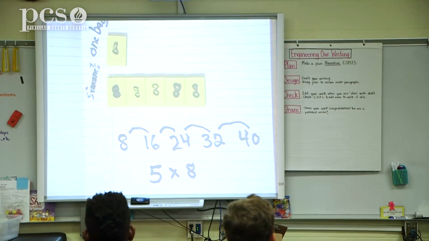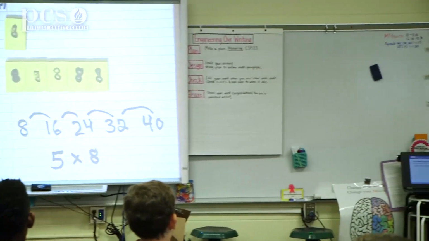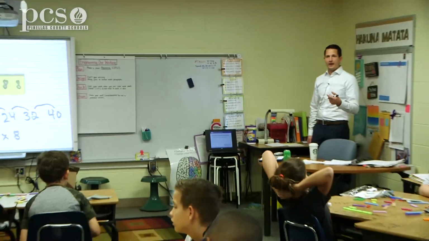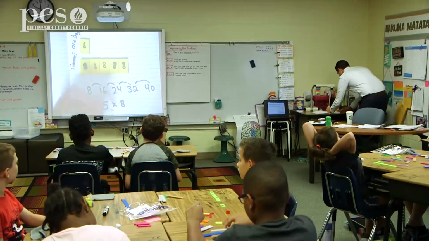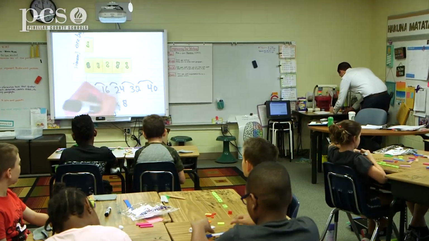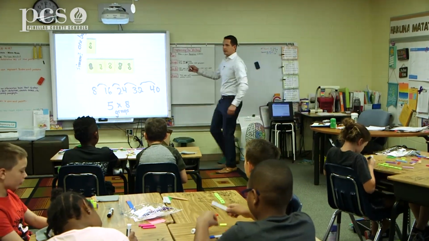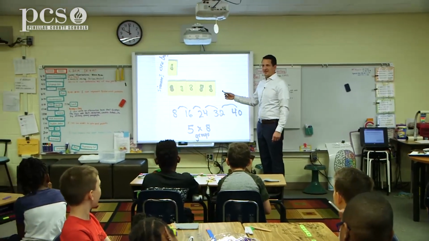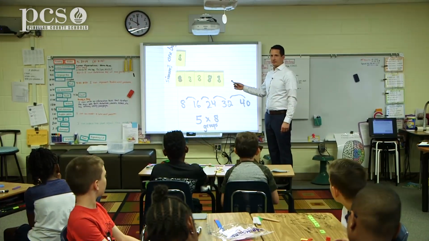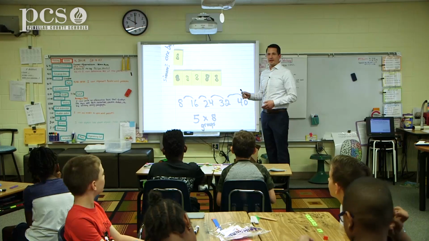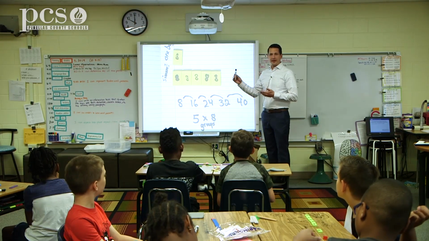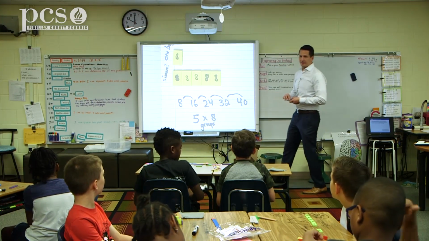It has 5 groups in it. 5 sets of 8 or 5 groups of 8. We have 5 groups of 8 on our table. This is a really cool model called a multiplicative comparison model. It helps us when we need to make comparisons, to compare 2 things, to find an answer in a problem.